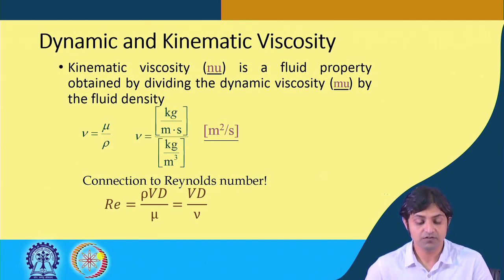V is the velocity, d is the characteristic dimension, or in case of a particle or a sphere, it could be a diameter, and nu is the kinematic viscosity of water.